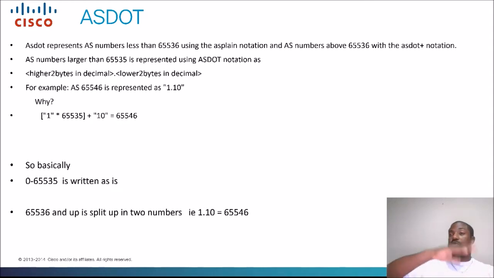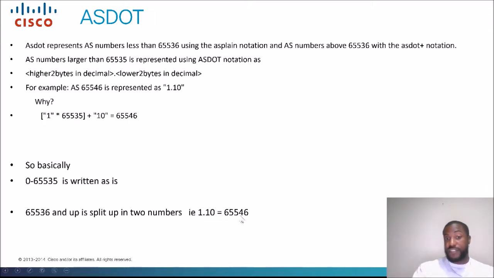Now, when they came out with the 4-byte numbers, they had to figure out a way to write numbers larger than 65,535. So between 0 and 65,535, they're written as is. Anything larger than that, 65,536, is split up into 2 numbers.